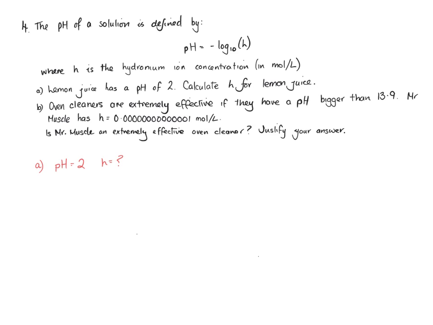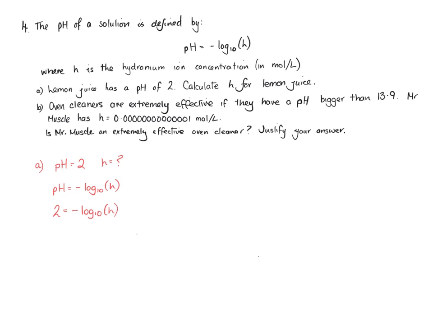So, from our equation we know that pH is equal to negative log to the base 10 of H. So that H is kind of caught up in that log, so we need to sort that out. So, we can substitute in our pH that we've got, so we're going to get 2 is equal to negative log to the base 10 of H. Okay, we don't like having that negative there, so we're going to move it to the other side.